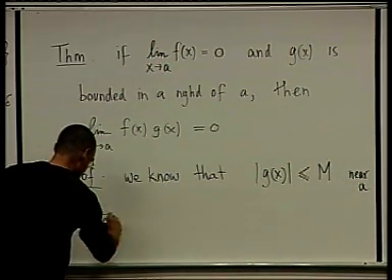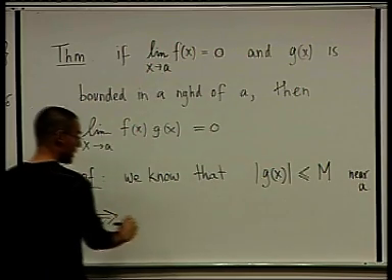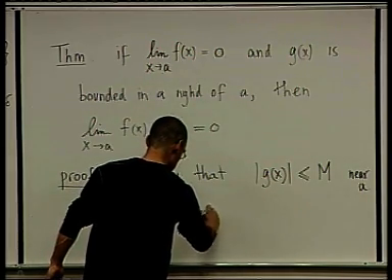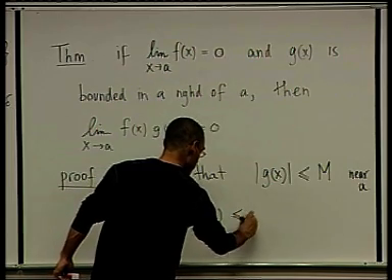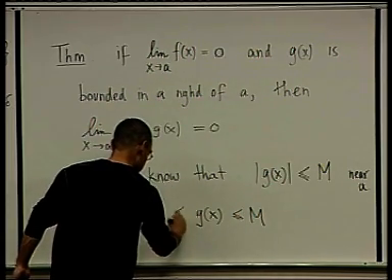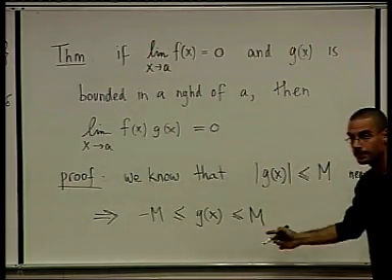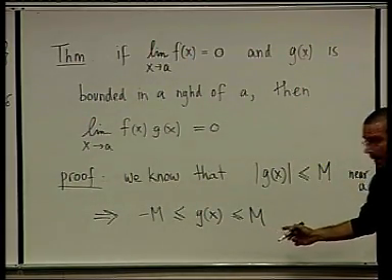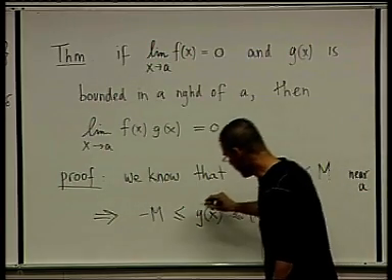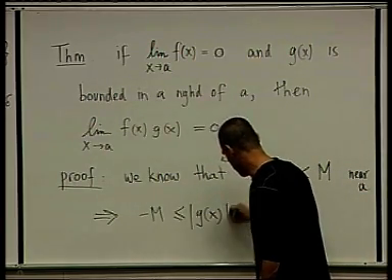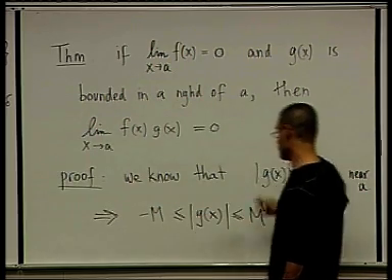This implies, well, we know it implies that g of x is between m and minus m. This we know. This we've been using again and again and again, right? Do you agree? But it also implies that g of x in absolute value is between m and minus m.